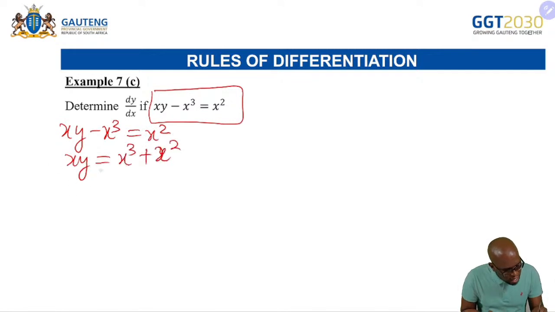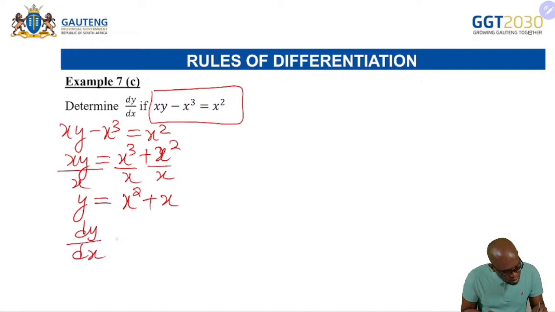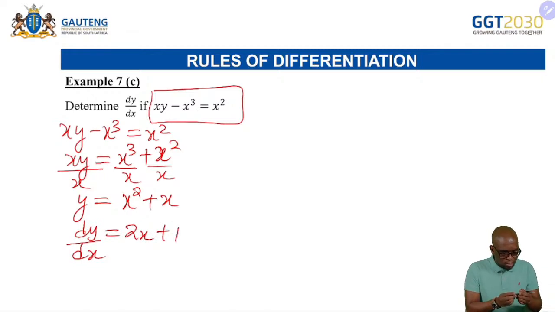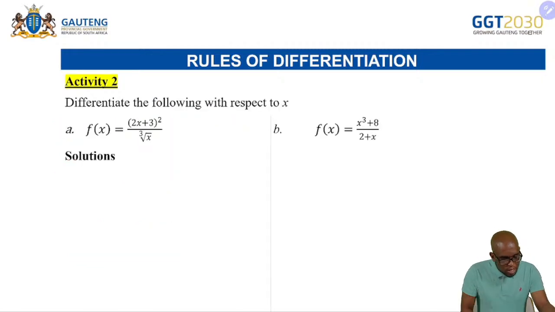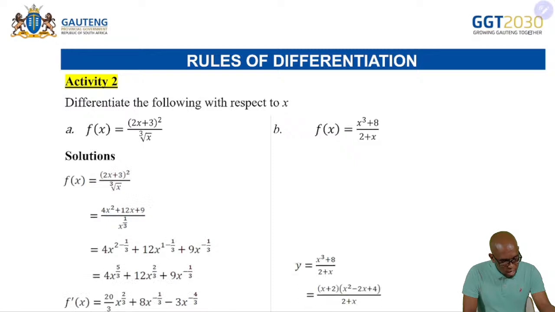Then if I divide both sides by x to make y the subject, I'll have y is equal to x squared plus x. So dy over dx would be 2x plus 1. So that is how I differentiate that one. Now I have an activity, but because of time, you guys are not going to have time to do this. I move on.